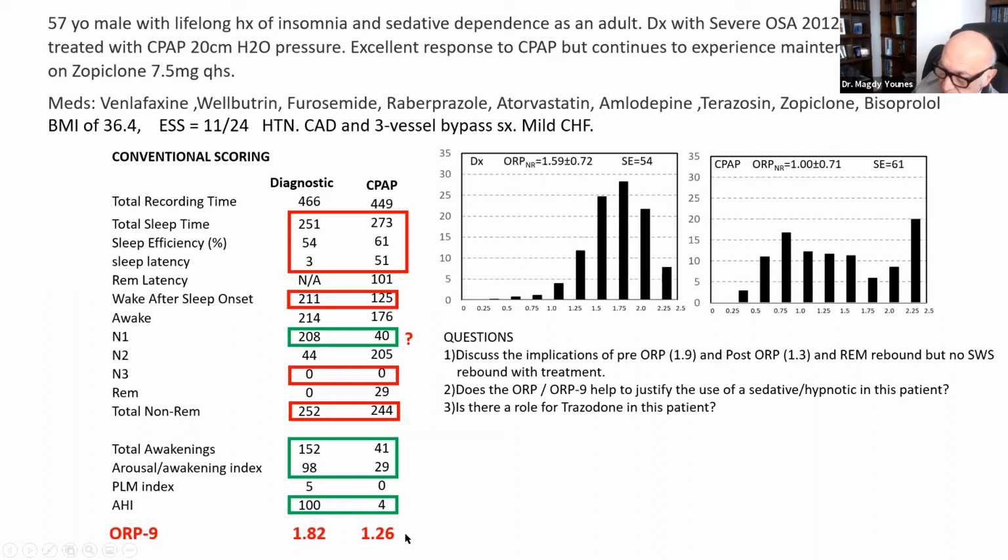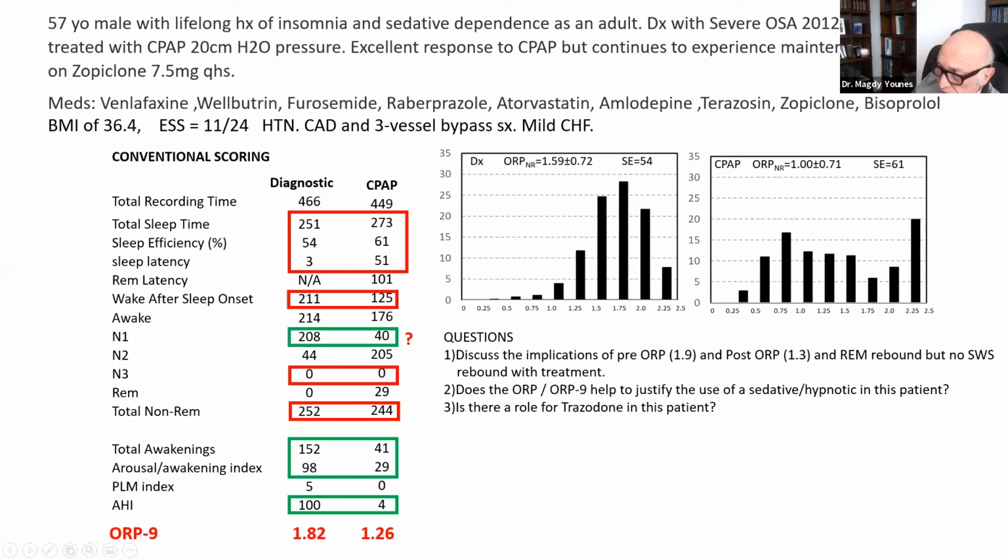And his real ORP9 is 1.26, which is high, and this pattern is completely consistent with a hyperarousal state. You see, he had no deep sleep, and sleep during non-REM sleep was an average of 1, which is again not very good, and of course he has a lot of awake time.